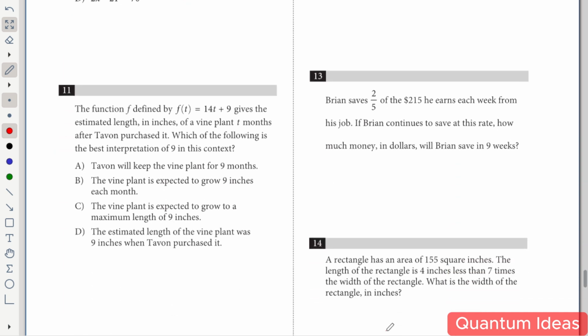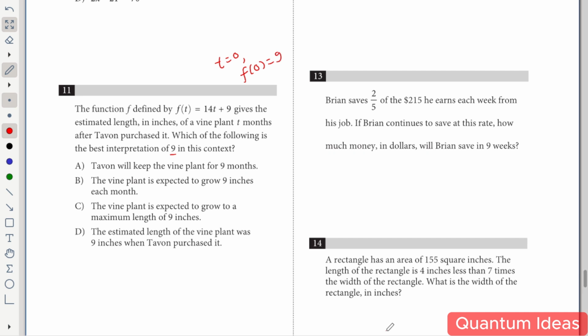So let's move to the next one, 11. The function f is defined by this, and gives the estimated length in inches of a vine plant t months after it is potted. Which of the following is the best interpretation of 9 in this context? What is 9? So when t equals 0, then f(0) will be 9. Means it is at the beginning, right?